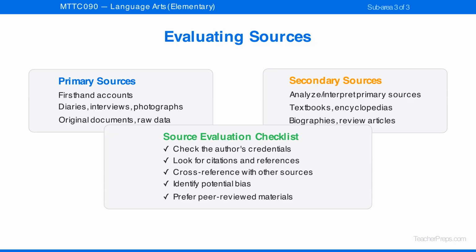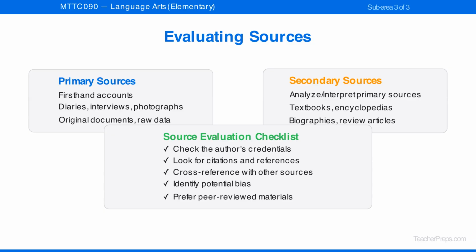Students also need to understand the difference between primary sources, which are first-hand accounts like diaries, photographs, and original documents, and secondary sources, which are accounts written about primary sources, like textbooks and encyclopedia entries. When comparing sources, students should cross-reference facts across at least 2 sources, note where sources agree and disagree, and consider why they might differ.